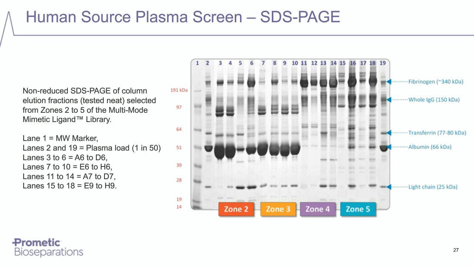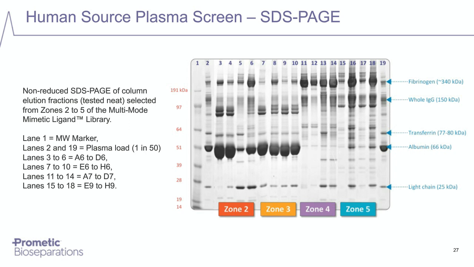That's that large dark band. But if you look at lanes 11 and 12, those ligands bind very little albumin. So each ligand has its own protein binding selectivity. Each ligand will bind a different spectrum of proteins. It's just a question of screening them to determine which ligand binds the protein or proteins that we're interested in.